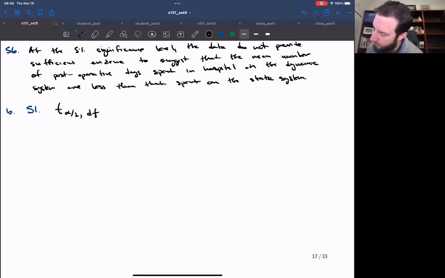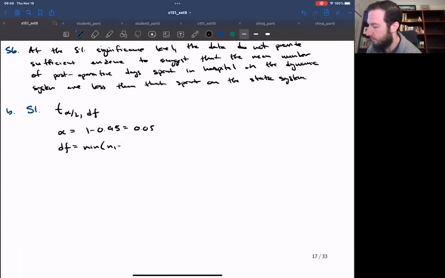Okay. Our alpha value is going to be 1 minus 0.95, which is 0.05. And our degree of freedom, again, is going to be the minimum of n1 minus 1 versus n2 minus 1, which, as we saw before, is going to be 5. So the minimum of 13 and 5, which is 5. Okay, so therefore our t value is going to be a t on 0.025 and 5.